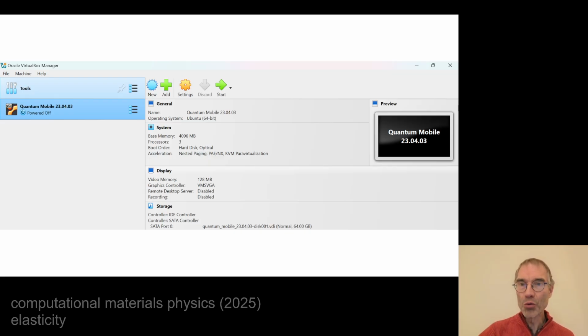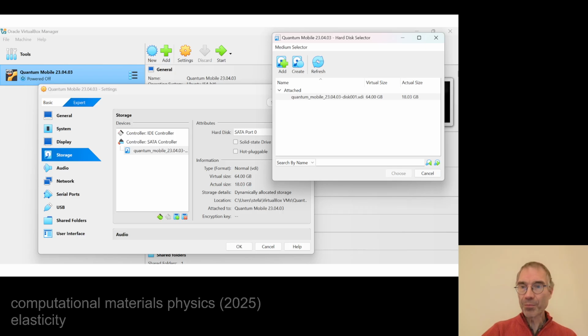And this you can do by not switching on Quantum Mobile, so just in VirtualBox, select it, go to Settings, and there under Storage you have the possibility with the plus sign to add additional disk volumes. So you can play with that if you would need it.